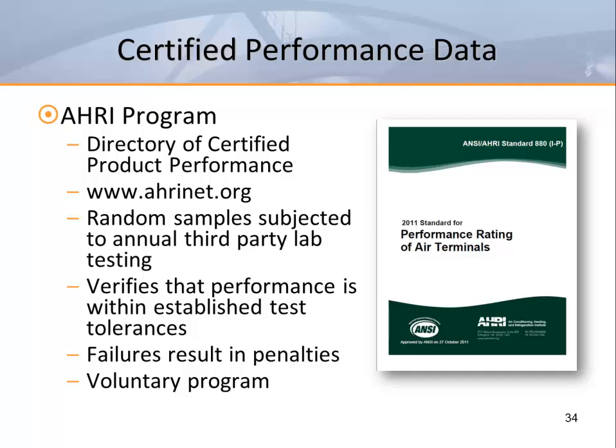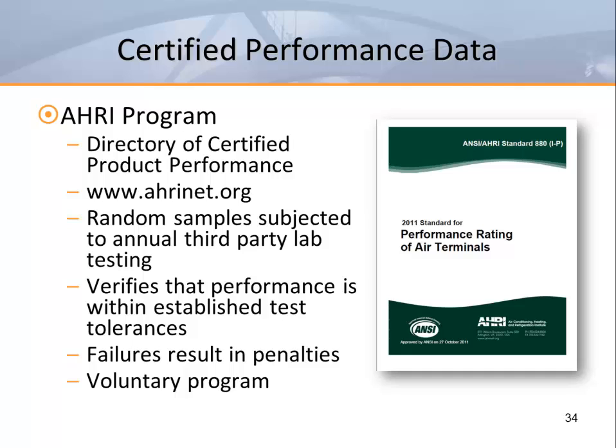AHRI administrates a voluntary program called the Directory of Certified Performance for terminal unit products. The rating points come from AHRI Standard 880. Although these rating points may not be typical operating points for the products, they are chosen as good repeatable test points. The purpose of the program is to hold participating manufacturers responsible for the accuracy of their published performance data.